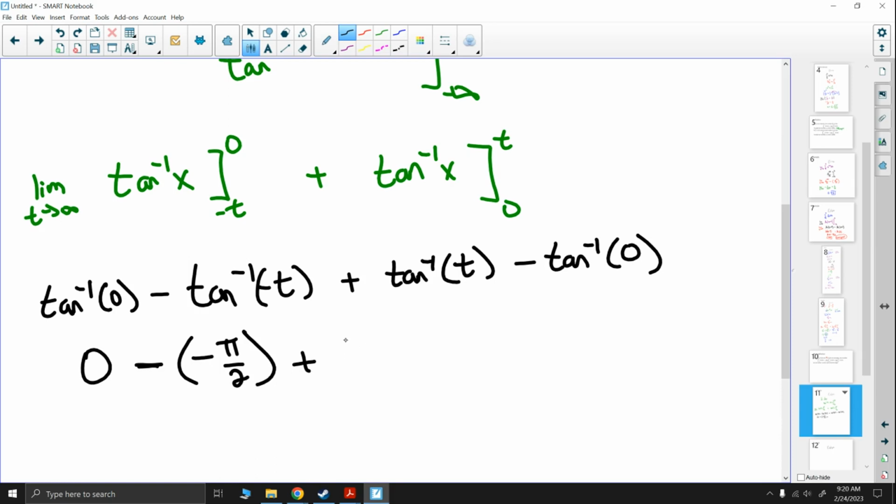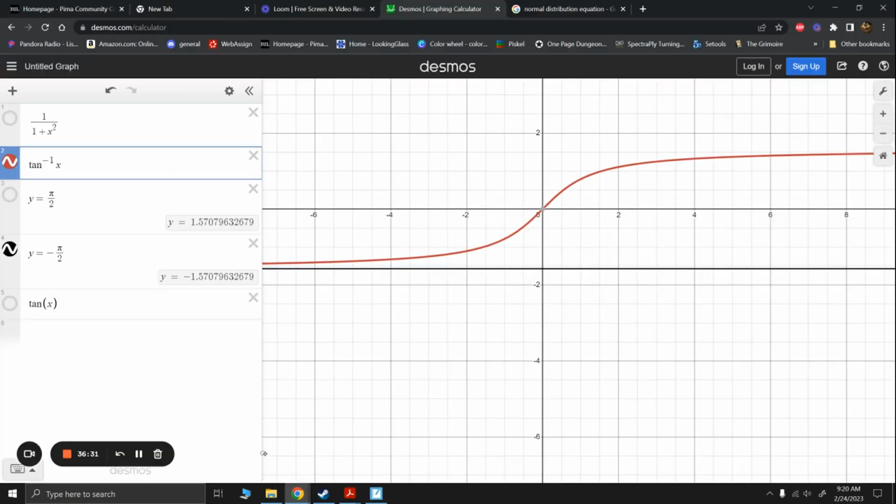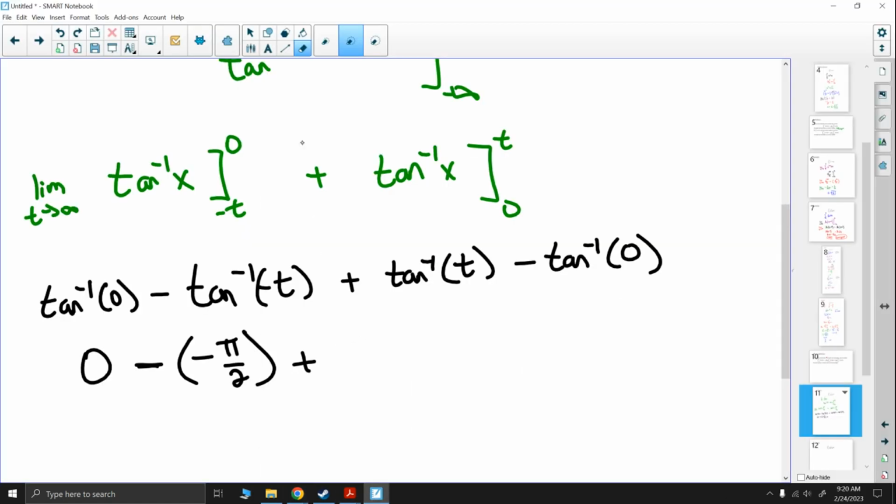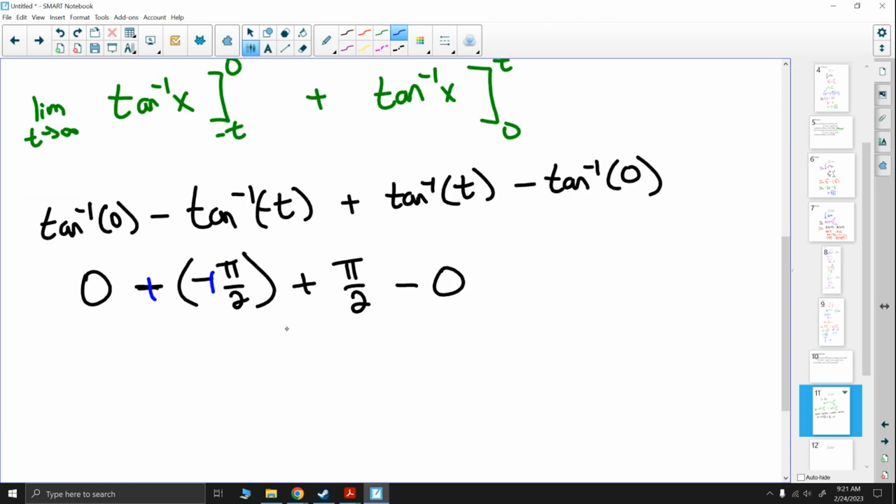Plus tangent inverse of infinity, which is the positive one now, so that would be positive pi halves is what it's going towards, minus tangent inverse of 0, which is 0. So that's a positive pi halves plus pi halves, pi. So the total area under the curve there would be pi.